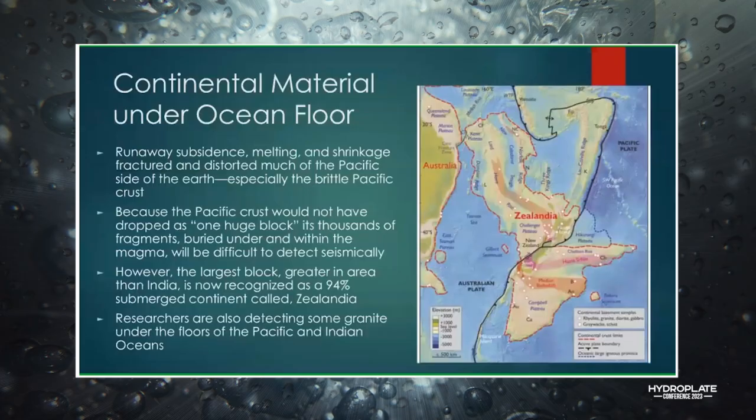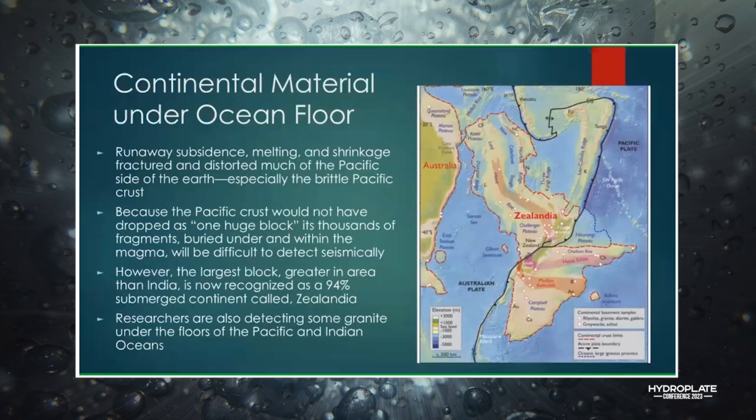And one final point of evidence I wanted to talk about before we wrap it up is that a prediction of the hydroplate theory is that there will be continental material under the ocean floor. We talked about the idea that the whole Pacific crust, whatever land was there before this subsidence of the Pacific Ocean, basically sank many miles down towards the center of the Earth.